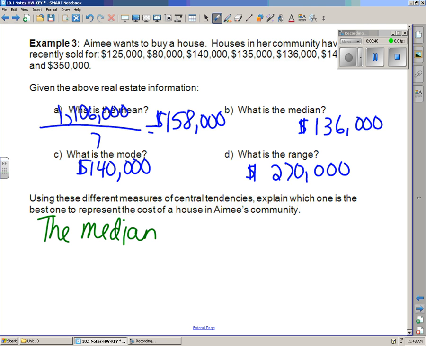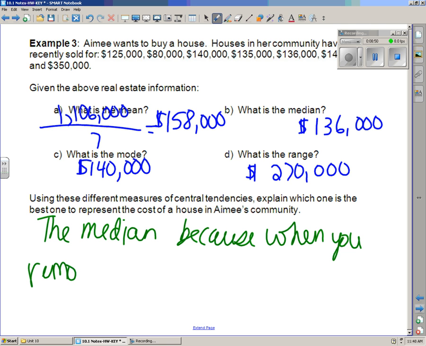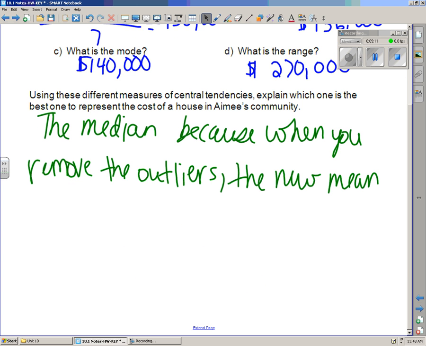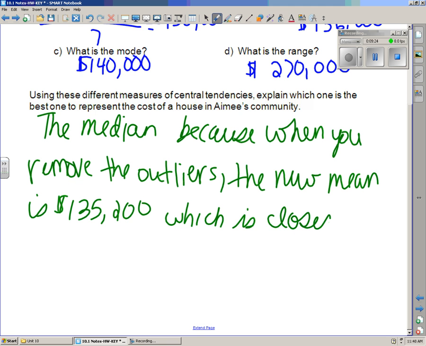And again, my reason might be different from yours, but I've got the median because when you remove the outliers, and that would be 80,000 and 350,000, when you remove those, the new mean is 135,200, which is closest to the median value.